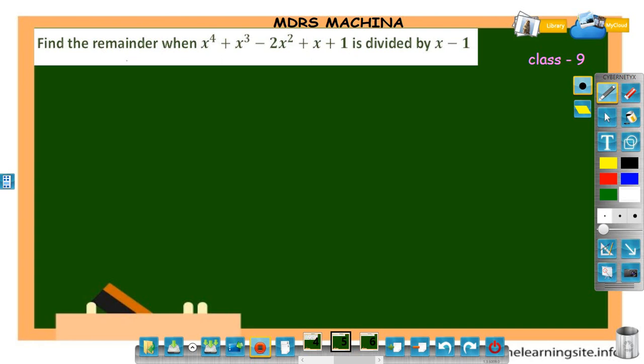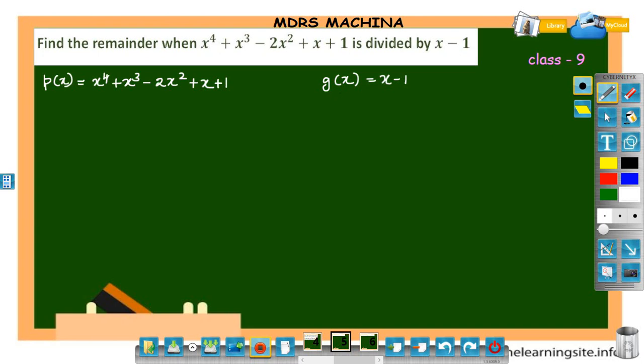Now write the dividend. Dividend p of x is equal to x to the power 4 plus x cube minus 2x square plus x plus 1. What is the divisor? Divisor g of x is equal to x minus 1.